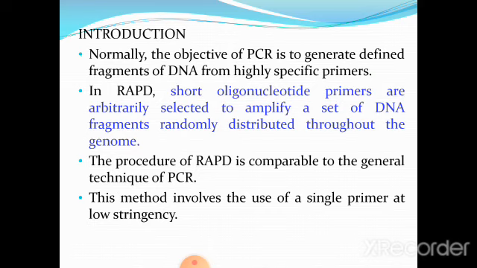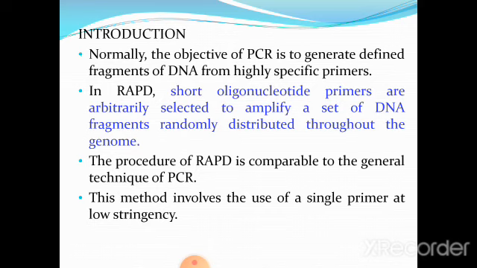When I explain the technique with the schematic representation, you will understand it better. So, here you make use of oligonucleotide primers which are arbitrarily selected to amplify a set of DNA fragments randomly distributed throughout the genome. Hence, RAPD is also called arbitrarily primed PCR.